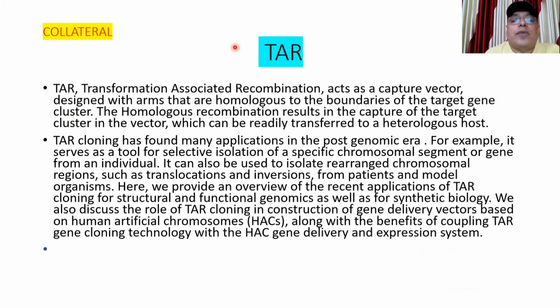So here in this collateral, though we were not directly concerned with the TAR, the TAR has come handy in identification and extrication of the desired stretch of DNA and its transfer to the locus which we desire.